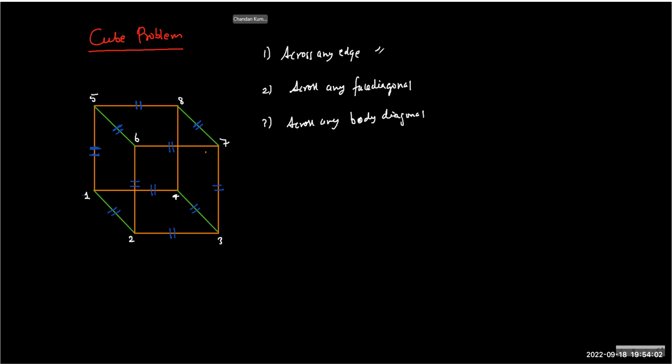I'll choose 1 and 2 as my edge across which I'll try to determine. For face, I'll choose 1, 3, which is easy. For body, I'll choose 1, 7. So let's redraw.